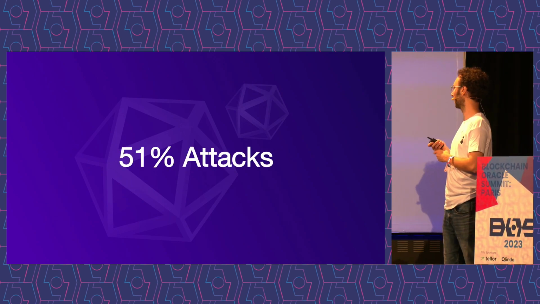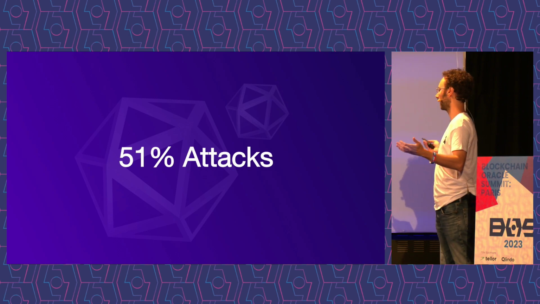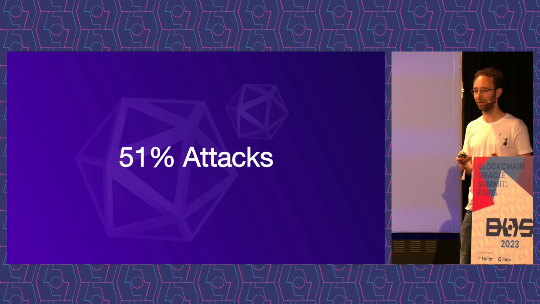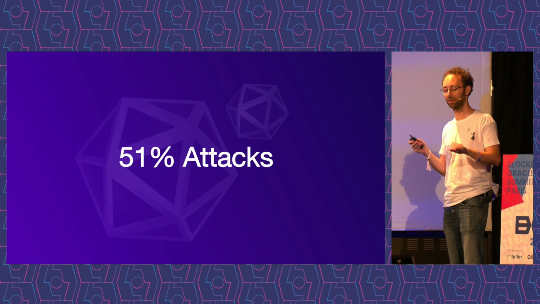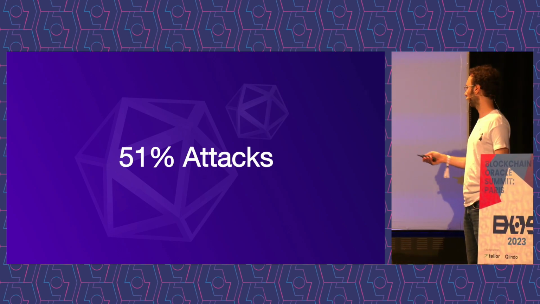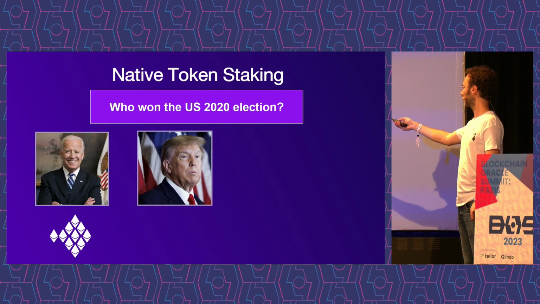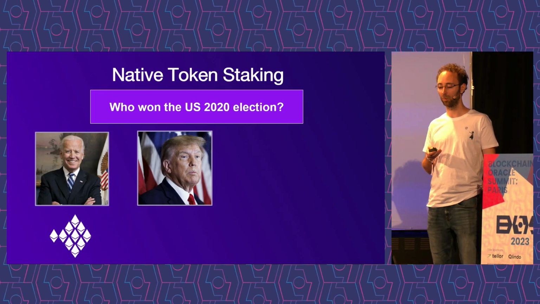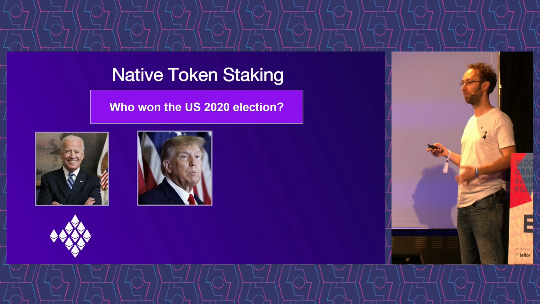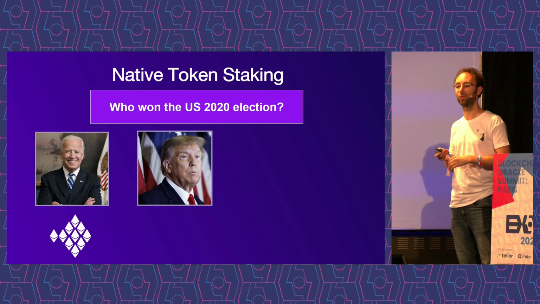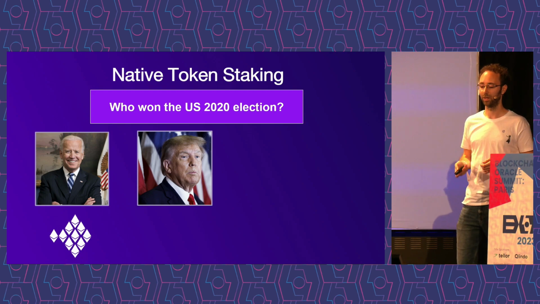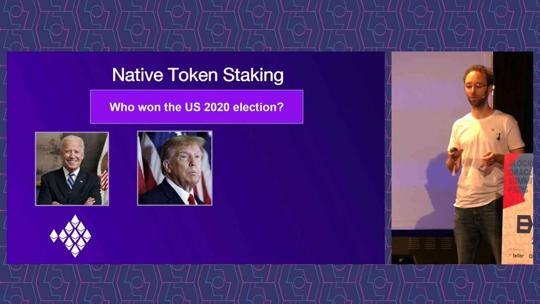So first, let's look at 51% attacks, which are the most interesting. Here we're going to focus on cryptoeconomic Oracles, so no multi-sig or stuff like that, only Oracle systems. A basic, naive idea would be to ask people to stake some native token on what is the correct answer.